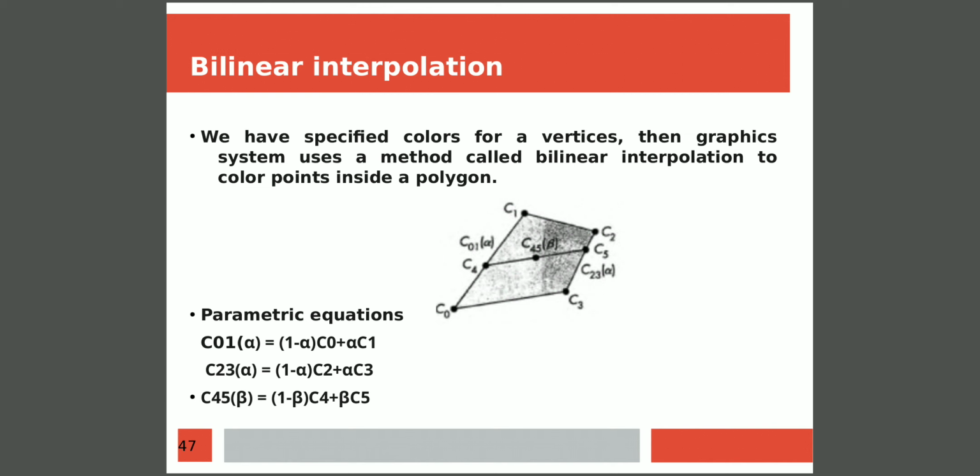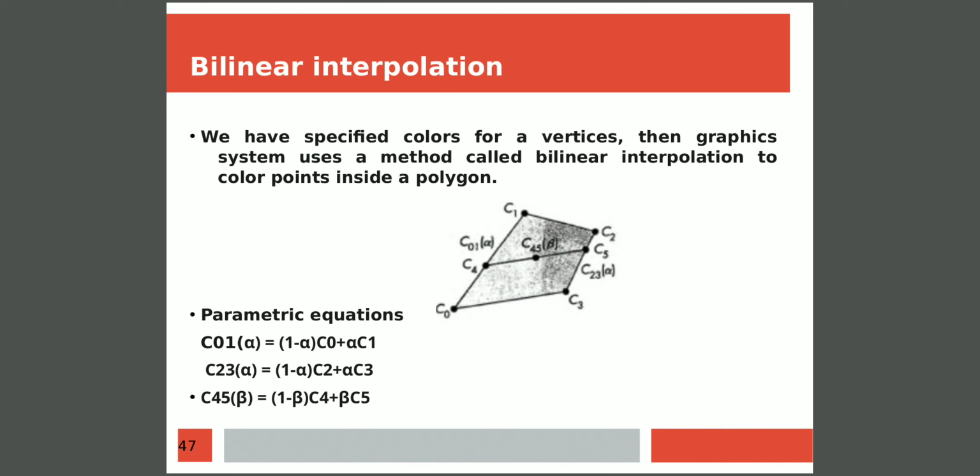This edge of a polygon will be represented in parametric representation as C01 of alpha equal to 1 minus alpha into C0 plus alpha into C1, where alpha is a scalar value. Alpha will be 0 at C0 and alpha will be 1 at C1.